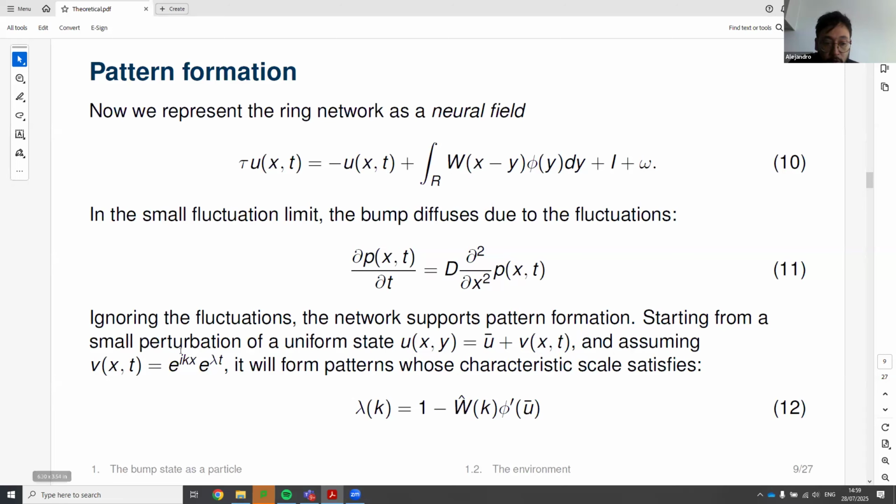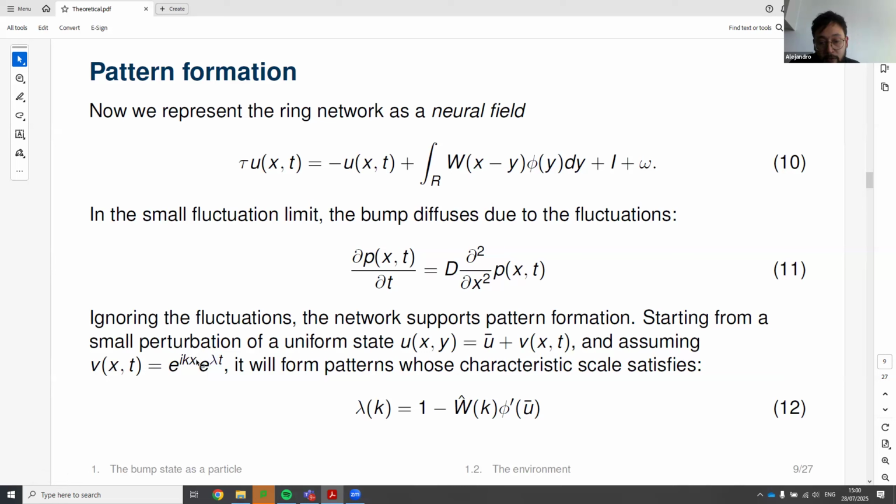You can describe that perturbation by the Fourier modes in space and some sort of exponential decay in time. So you're assuming essentially that the perturbation will either grow exponentially or die down exponentially, or just in the specific case when lambda is 0 will stay in the medium.